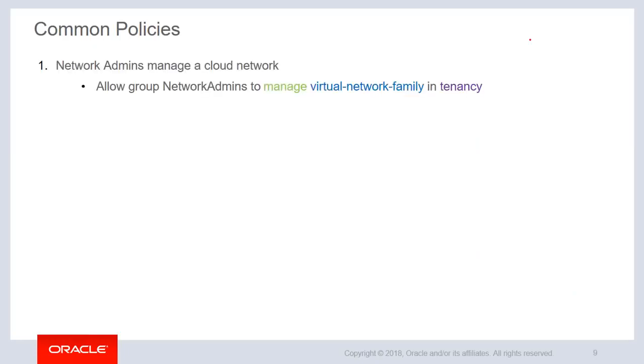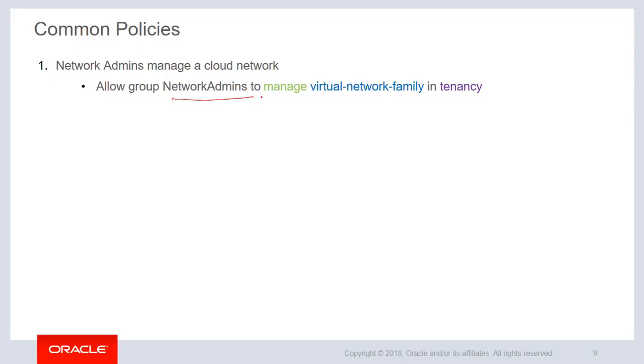The first policy is a very simple policy. It says network admins can manage a cloud network. So you say allow group network admins, in this case a group comprised of folks who are concerned about the network and manage the network within an organization.